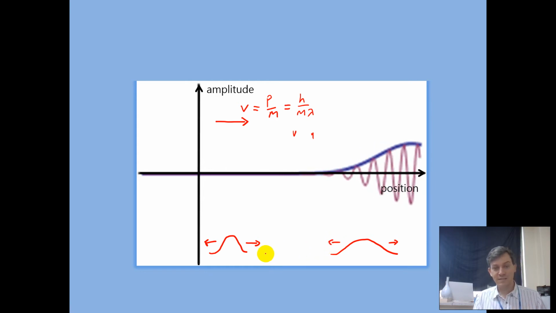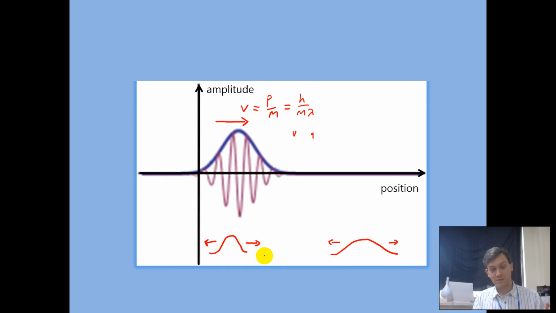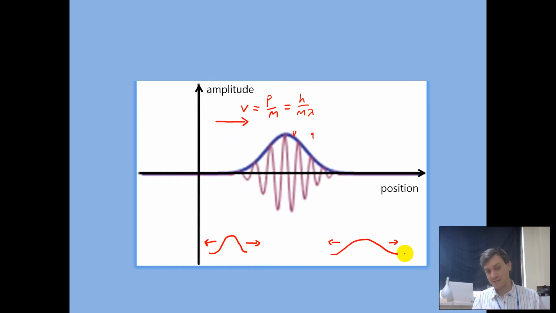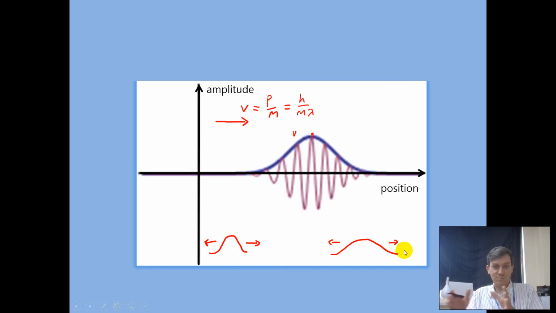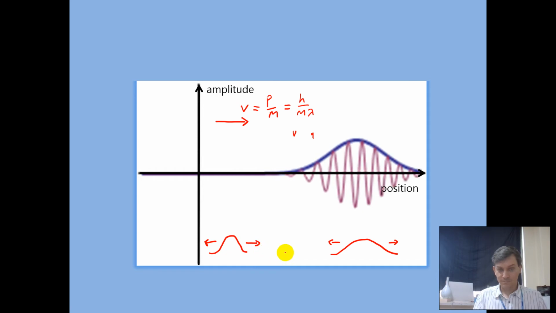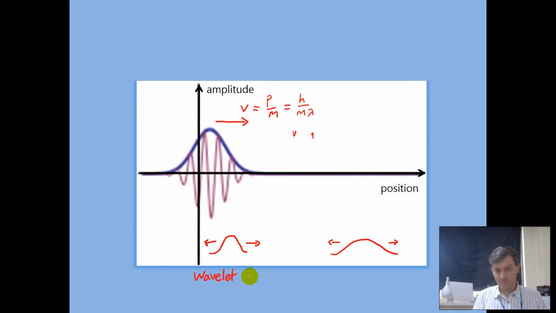Okay, and this is related to the uncertainty in the velocity of the particle, right? Because you don't know exactly what the velocity is, sometime later you have some uncertainty in its position which grows as a function of time. So the wavelet spreads out.